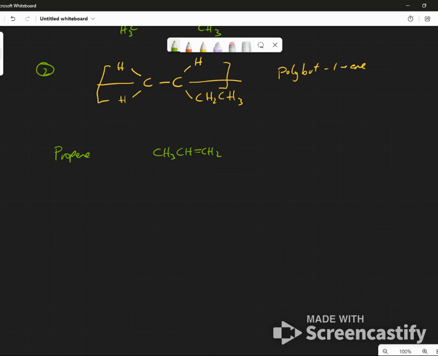Now, one thing is you've got to have confidence in changing this into a displayed formula. Changing to displayed. Now, no one's good at this, as I say. No one's born good at this, okay? But you just got to practice. So I'm going to draw the double bond, this bit in the middle. There's the double bond. On this carbon, there's 2 hydrogens.